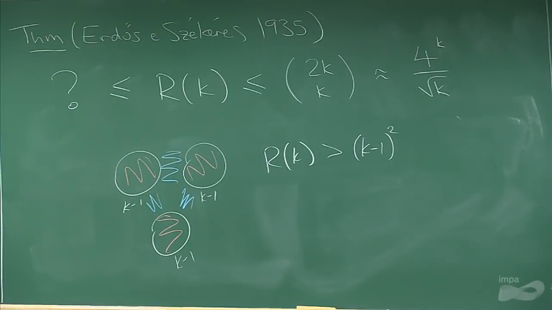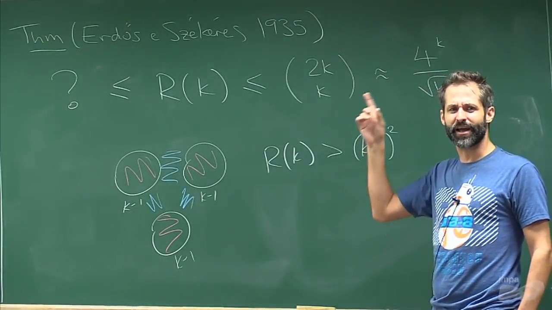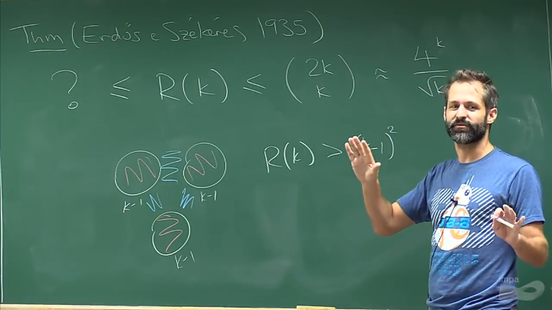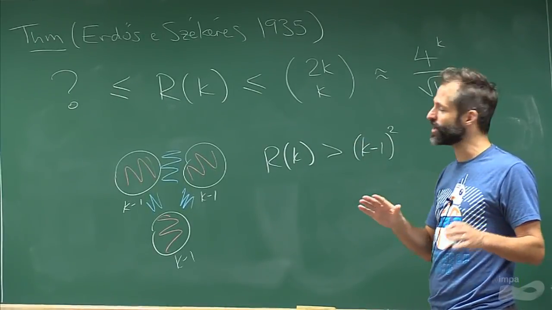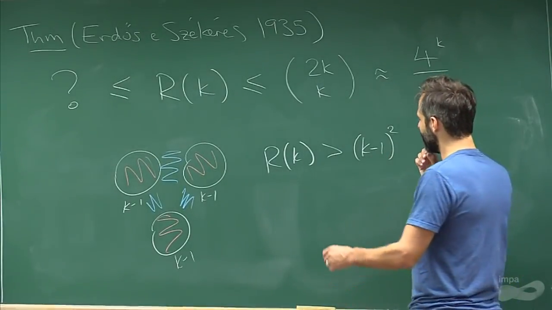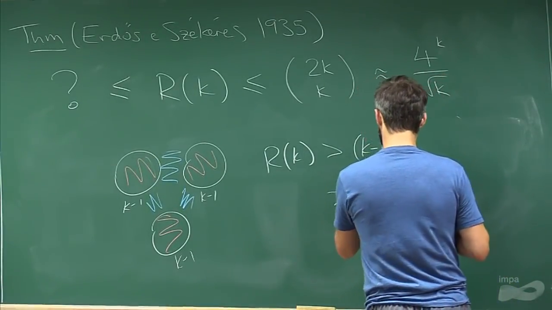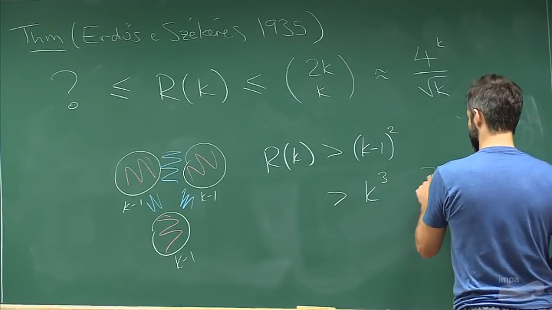So this is not the best thing. The construction for k cubed I might show you later in the course. It's not trivial. The definition of it is fairly simple, but proving it works is not completely trivial. I'm not even sure what decade it was, the 70s maybe.